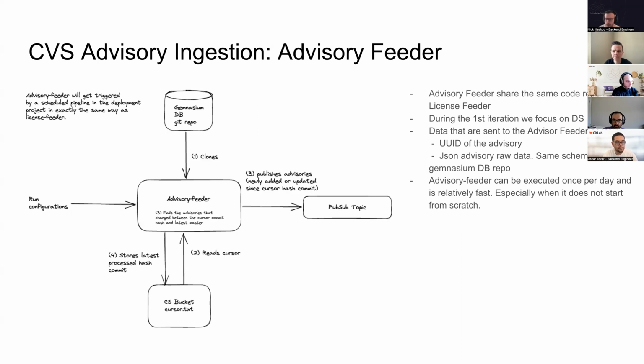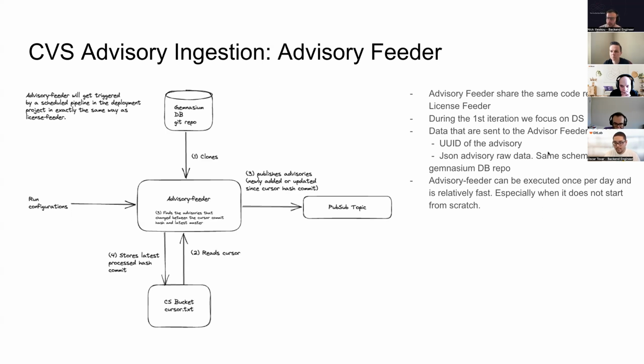In this first iteration, we just focused on dependency scanning. So we tried not to think about the data structure that we might need for container scanning and TriviDB, because there are some differences, but I'm going to talk about this in a bit. So the data that we send to the advisory processor contains two main things.